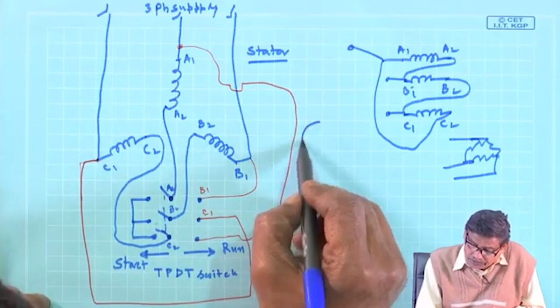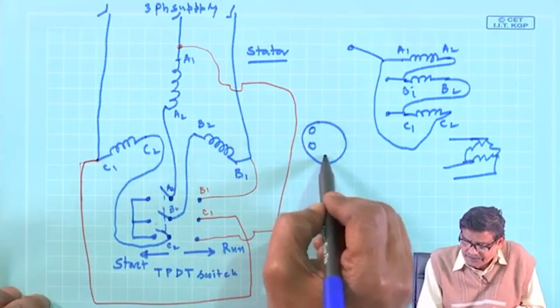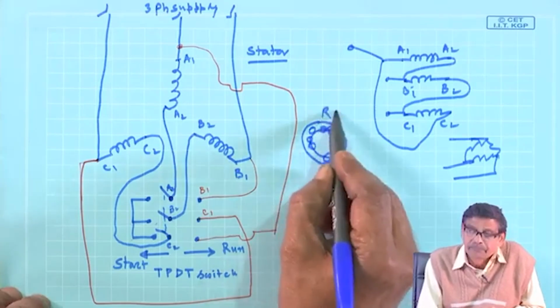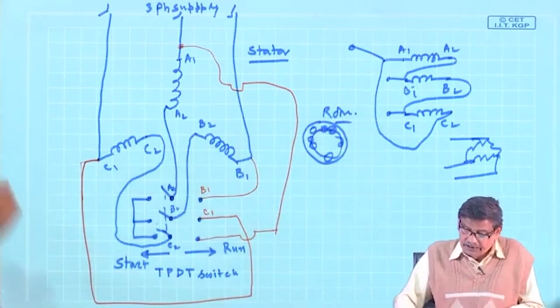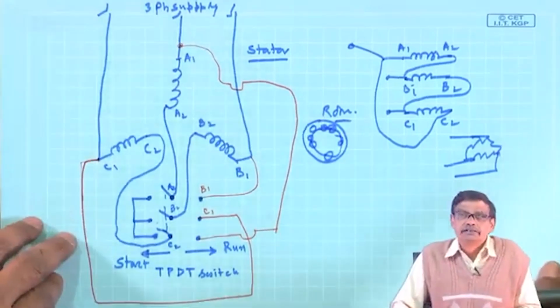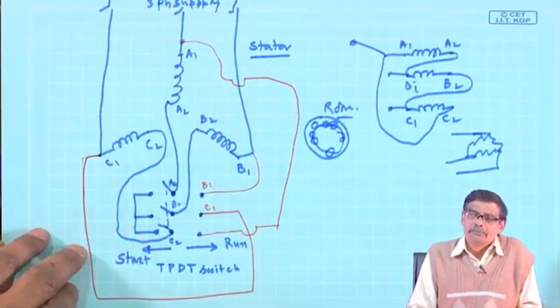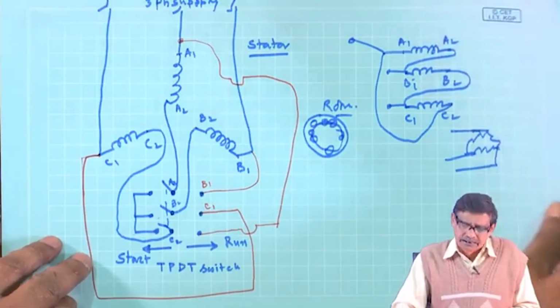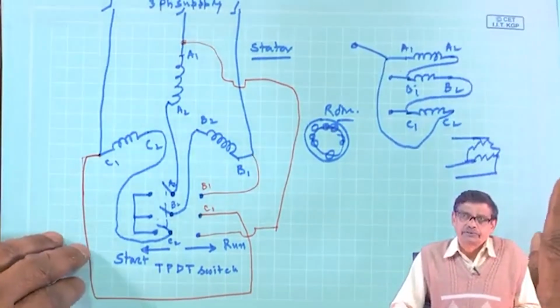And the rotor, of course, I have not drawn; the rotor has nothing to do with this. So anyway, think about this, and if you have a small machine in the laboratory, you can easily implement star delta starting to avoid large starting current, although torque is reduced. Thank you.